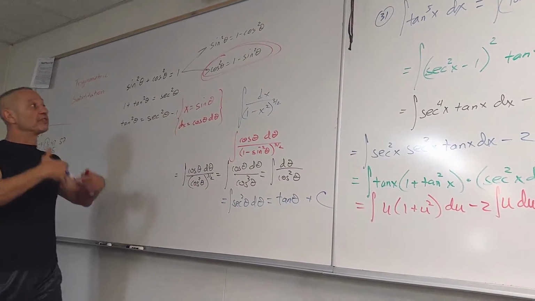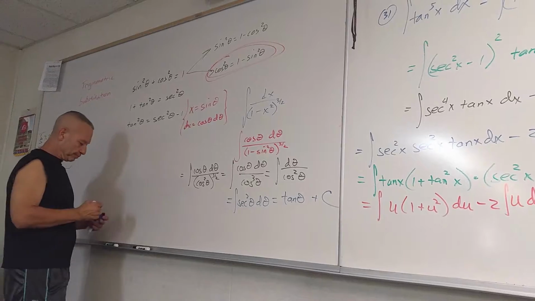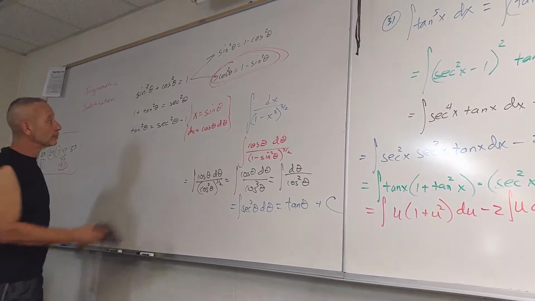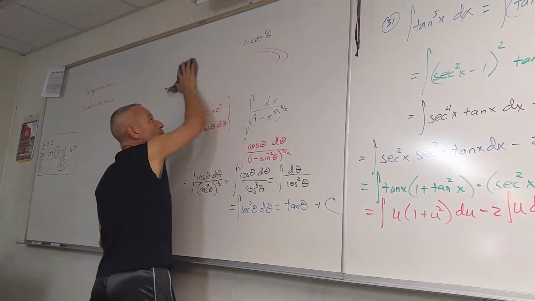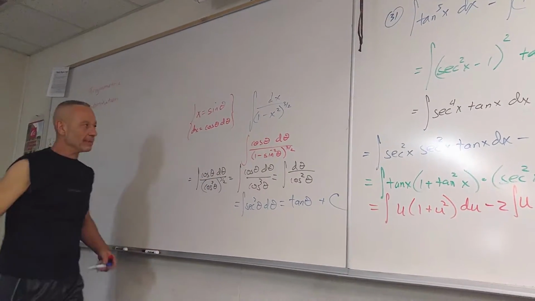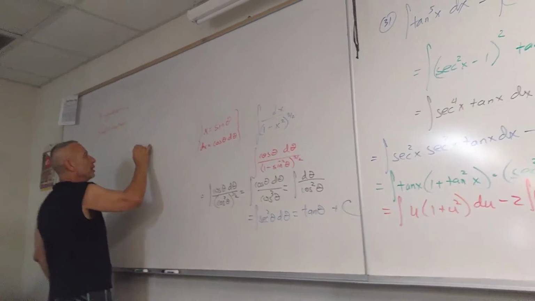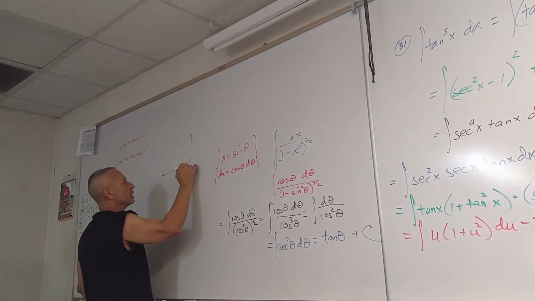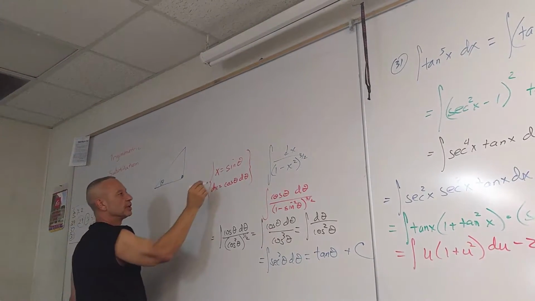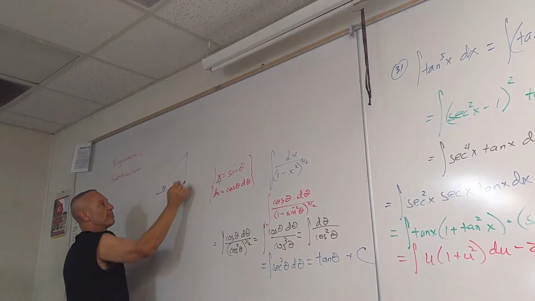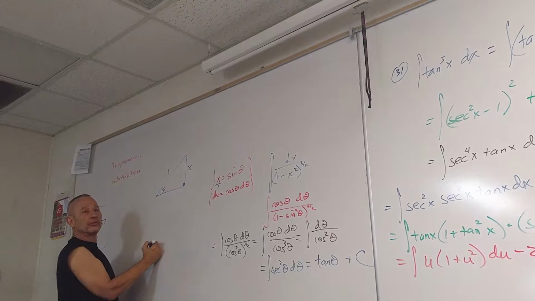The only thing is we have to go back to the original variable. So how do I go back to x's? Remember, my substitution is x equals sine theta. So if theta is the angle, sine is opposite over hypotenuse.